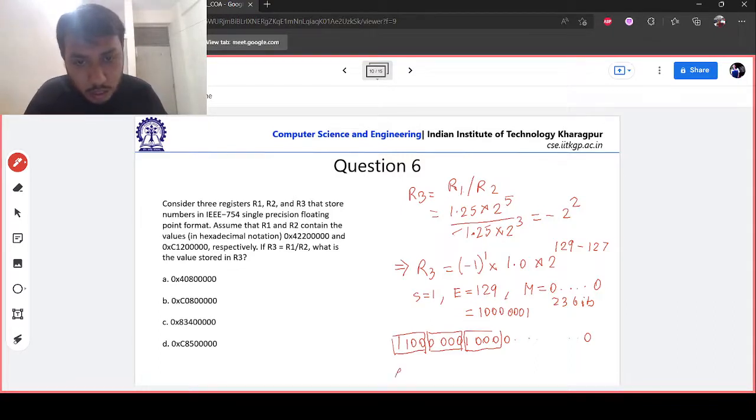So R3 is basically, what is this one, 8 plus 4, 12. 12 is C, so C08 and the rest are zeros, 5 zeros. So this is the answer. The correct answer is option B.